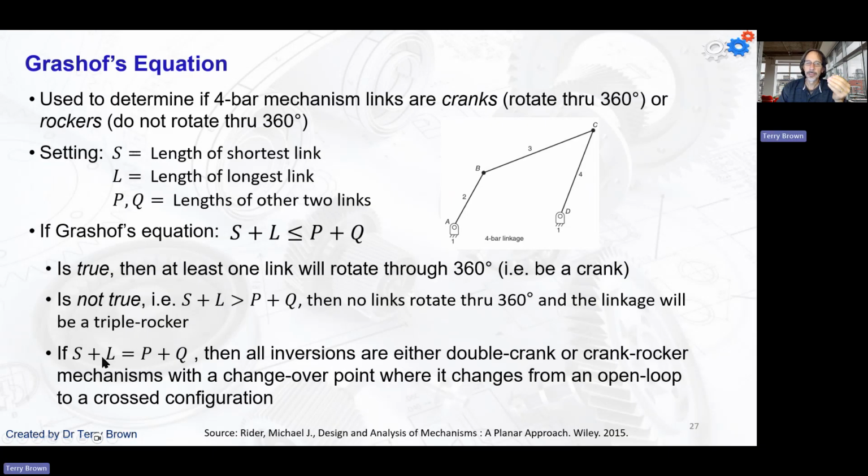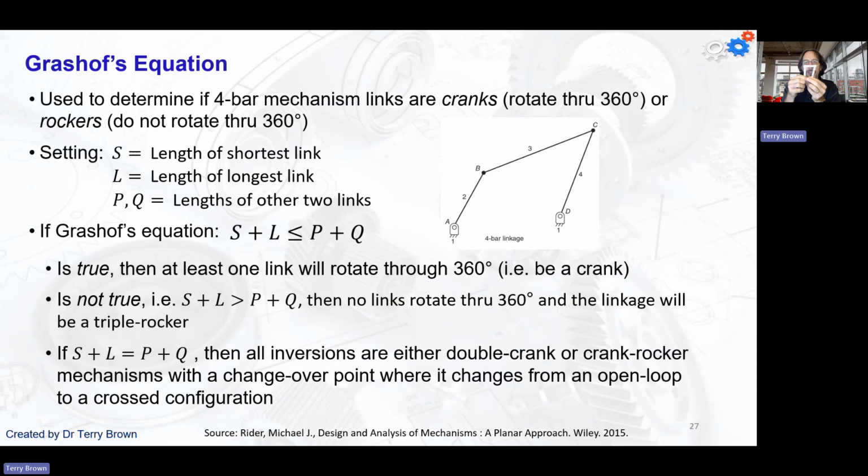So if this relationship is equal, then all inversions are either double crank or crank rocker. What we mean by an inversion is what I was doing here by changing which is the ground link. So that's all that means, right? It's the same mechanism. If you're looking at me in the little video on the side, that's one inversion.